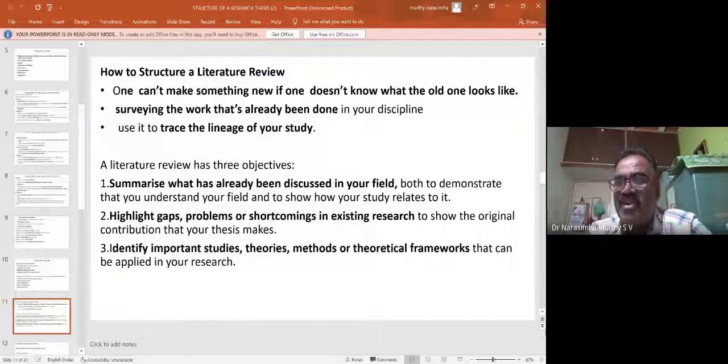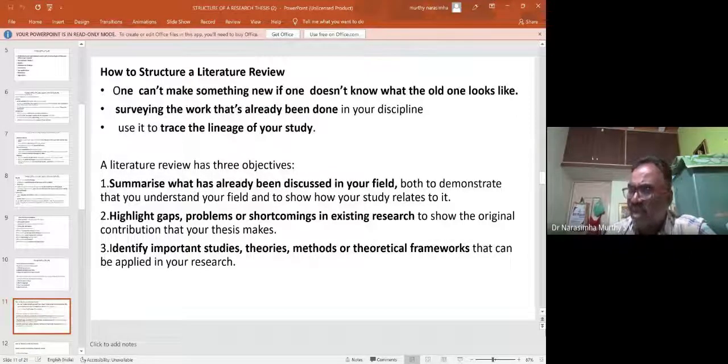Summarize what has already been discussed in your field. This should be the first thing that you focus on. The purpose is to show that yes, you have understood what the current affairs in this area are. Not only that, you can also relate how your study is related to this, or how your study is different from this.